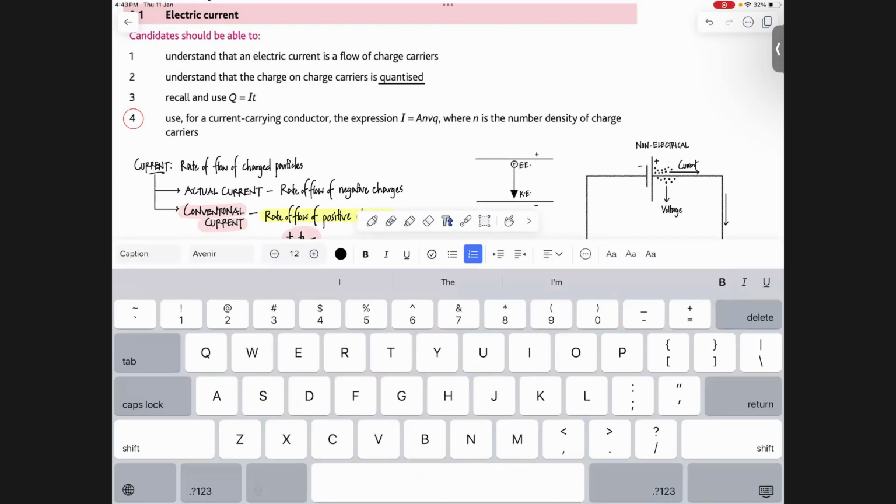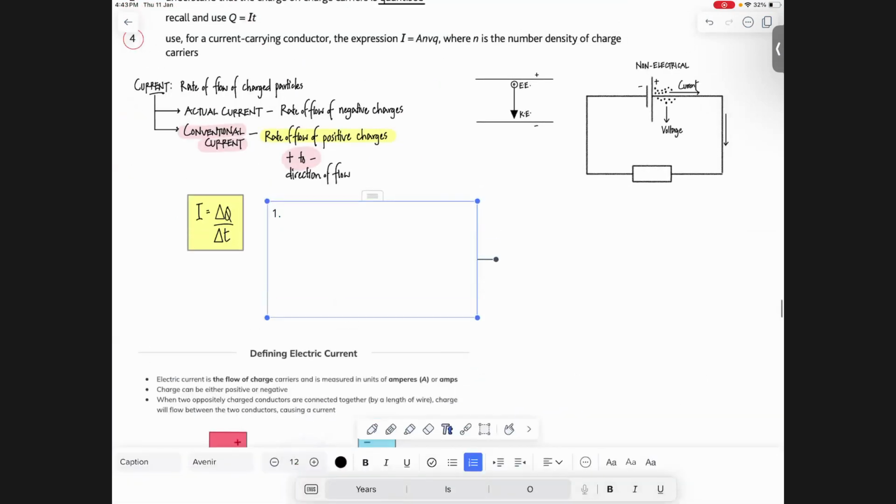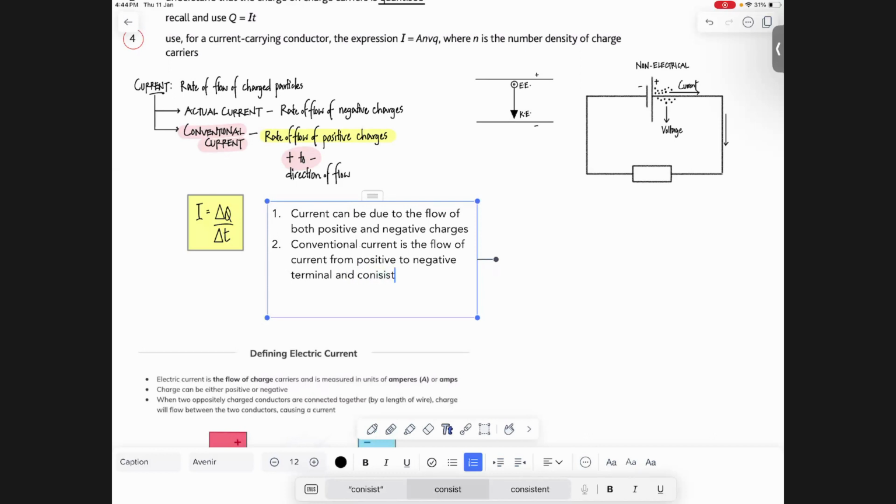All right, so a few important points that you need to know. Number one. Yeah, you can.